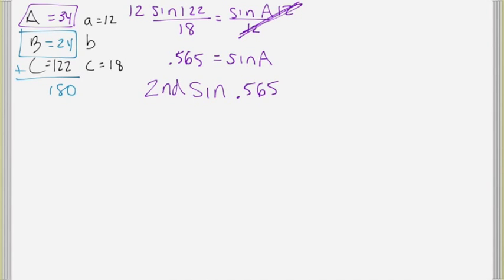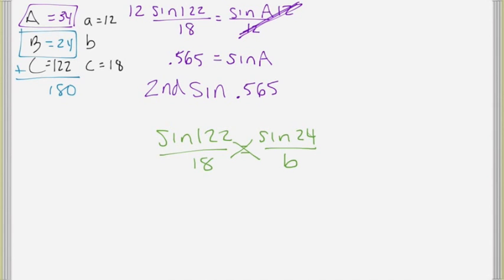And then to solve for our last piece of information, we're going to set up another law of sines. I'm going to go back to the pair of C since that was given and I knew both parts there. Sine 122 over 18, and then sine 24 over little b. And now this is exactly like our first type of problem where we're solving for a side.